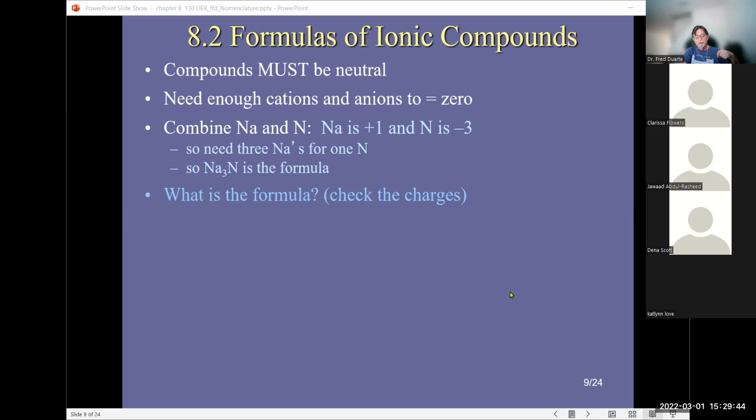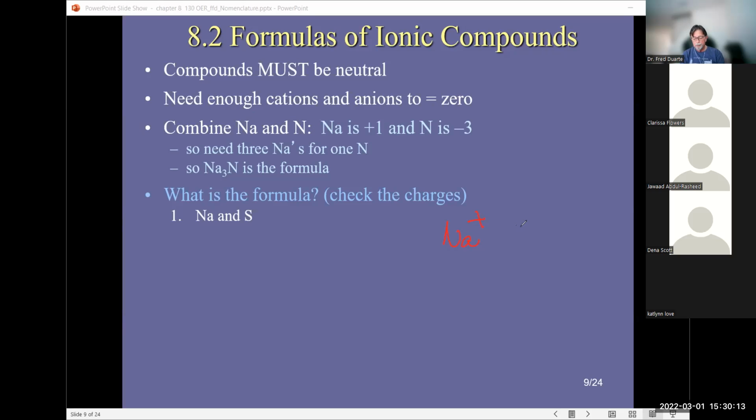All right, question here is, what is the formula? So you may be given, like the previous example, the elements, okay? And that's simply sodium and sulfur. We would need to write a formula for these two. So as we just did, we need to convert the element into ionic form. So sodium obviously remains the same as Na +1.